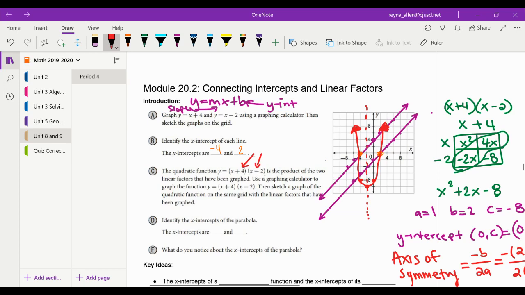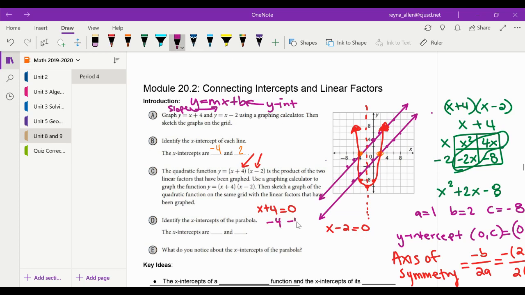Once they are in factored form, it's so much easier to find your zeros because you can just set them equal to 0. So like if I wanted to solve this one, I'd be like, oh, no problem. X plus 4 equals 0. And then x minus 2 equals 0. We're finding our 0, so we're going to set it equal to 0.